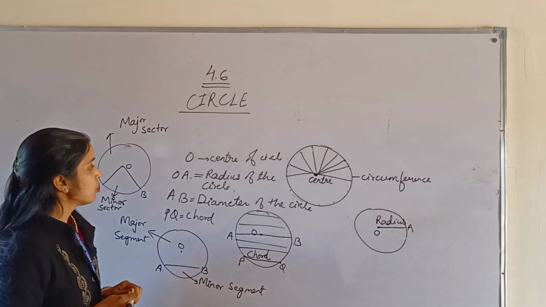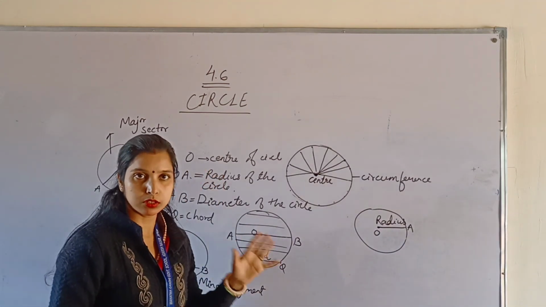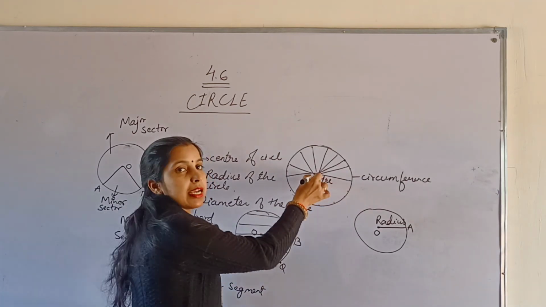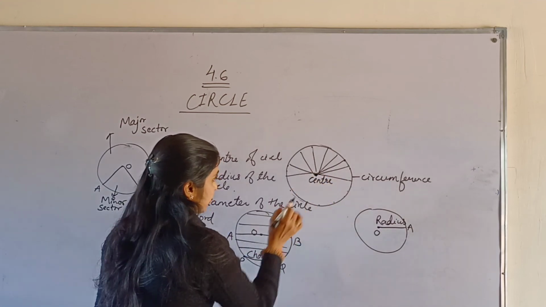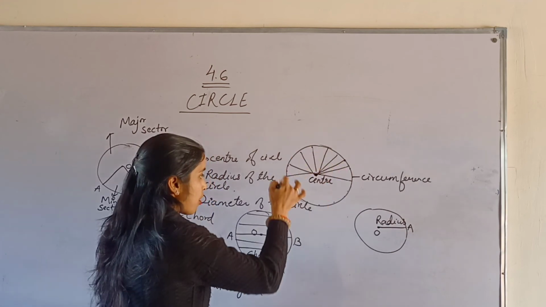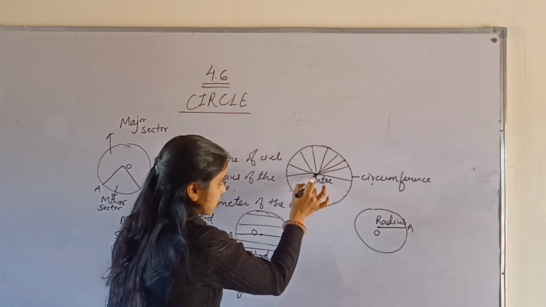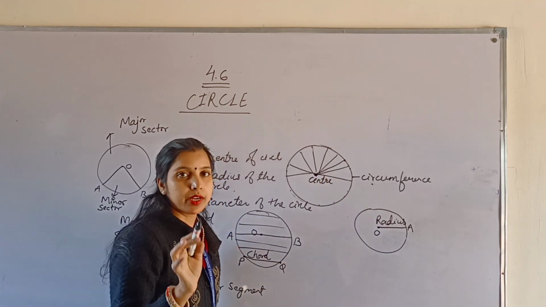I have told you so many things, and I am just recalling all the terms now. This one is called the center, which is in the interior part of the circle. The distance from the center to the circumference, this boundary, is called the radius.